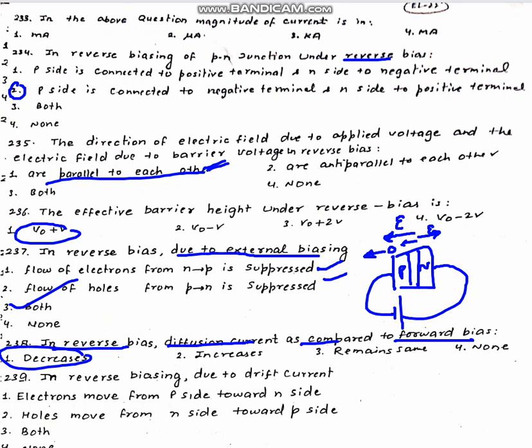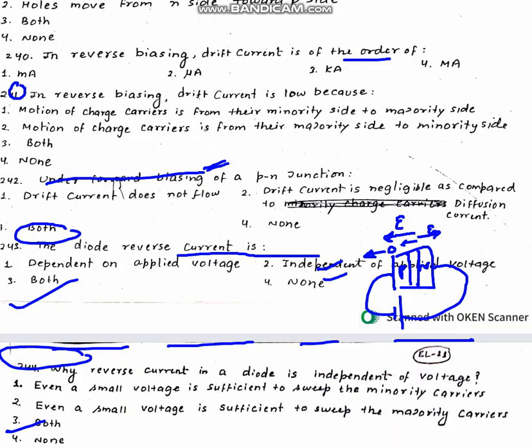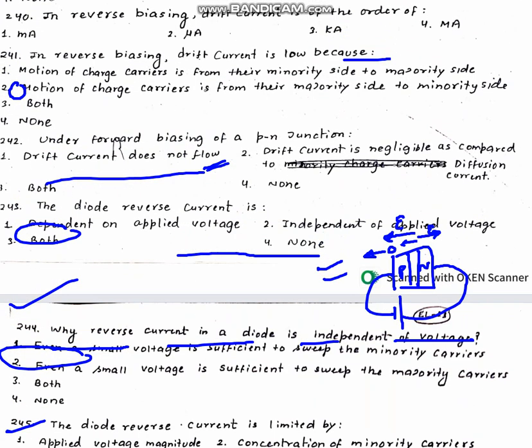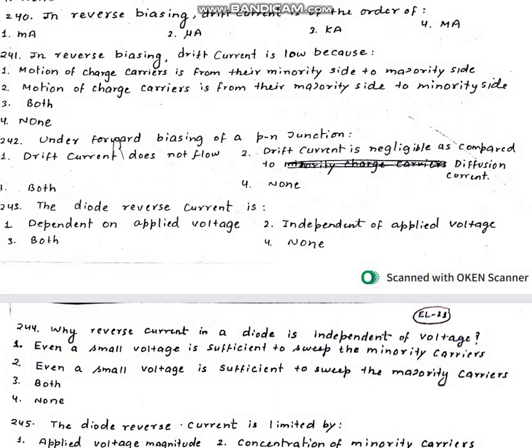So both are correct over here, so third will be correct. Next is, in reverse biasing, drift current is of the order of, so it is of the order of microampere.